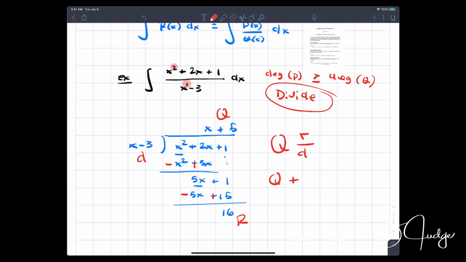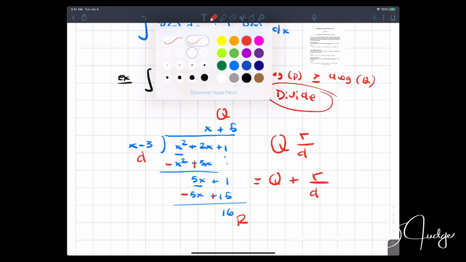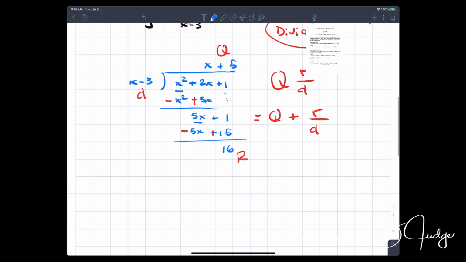The definition of a mixed number is that you take a whole number part called q and add it to a fraction. So at the end of the day, this equals x plus 5 plus the remainder 16 over x minus 3.